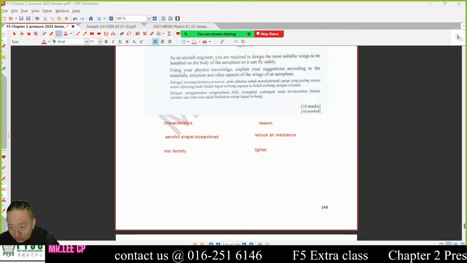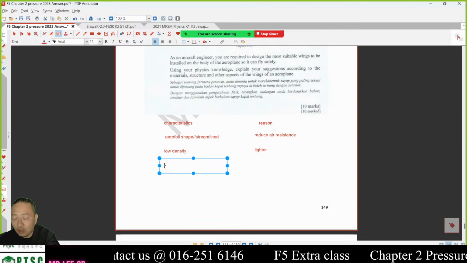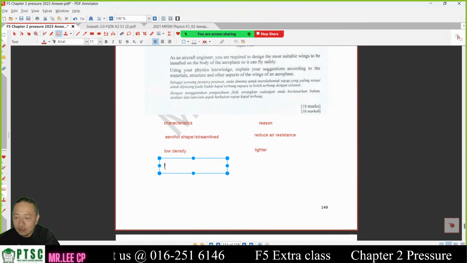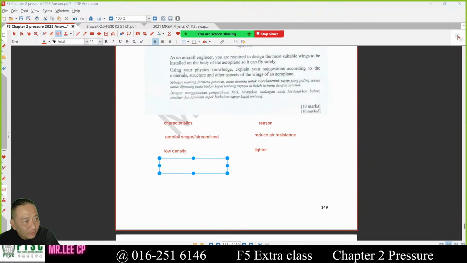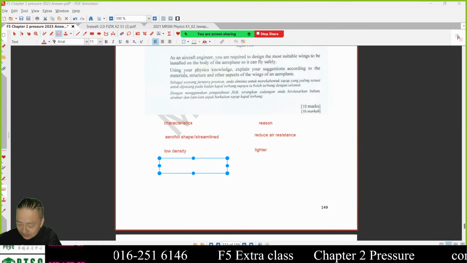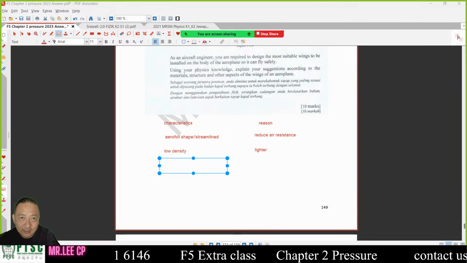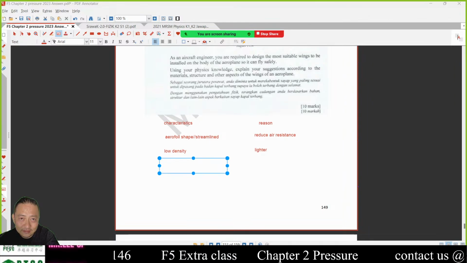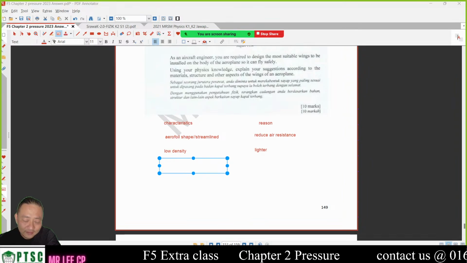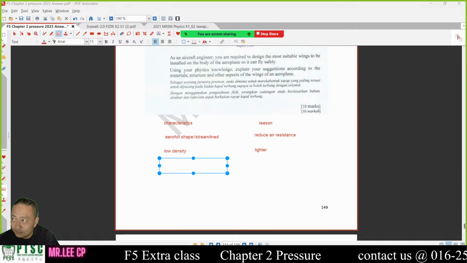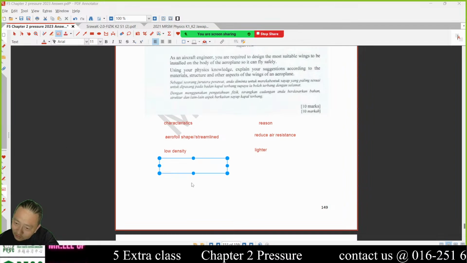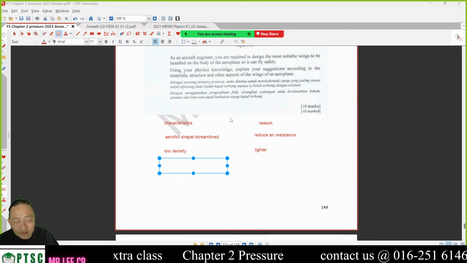So you write low density. All right. So now write other low density. What else? If you know low density, then write more on it. Low density, and then what else?